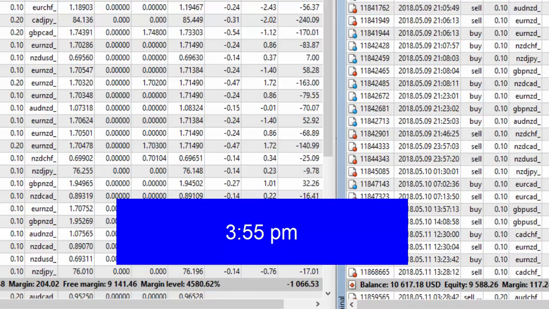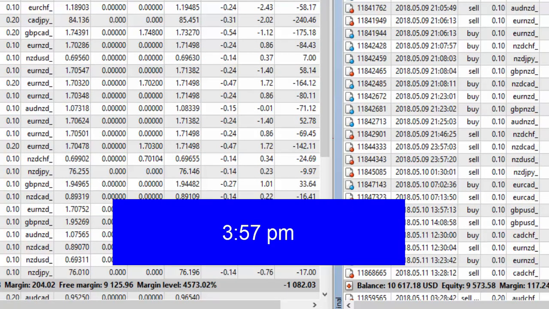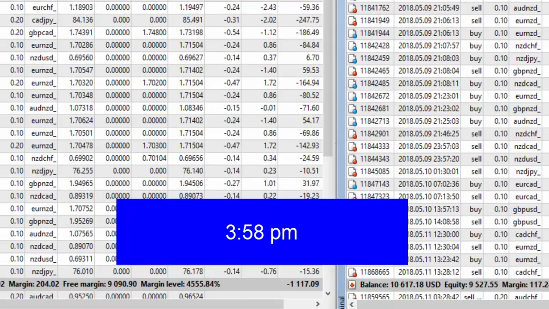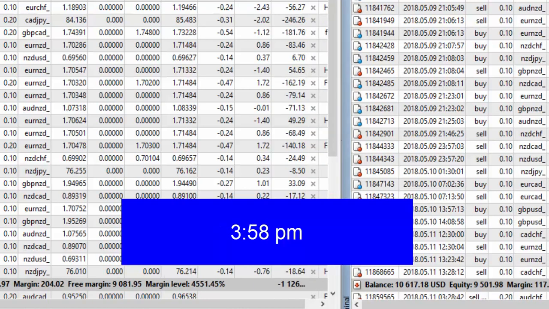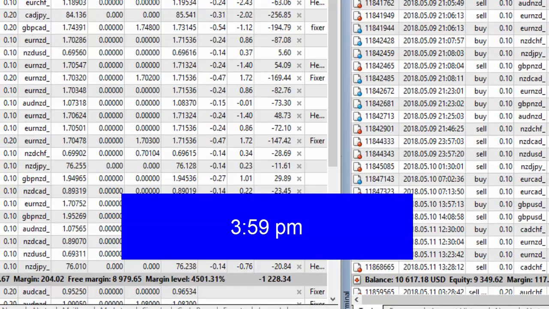At 3:55, it jumped up to 1,066, and then at 3:56, 1,069. At 3:57, 1,082, and then 1,109 at 3:58, 1,117 a little later in 3:58, 1,126, then 1,179 at 3:59, and then 1,228.